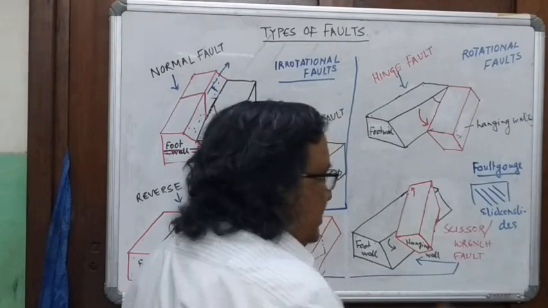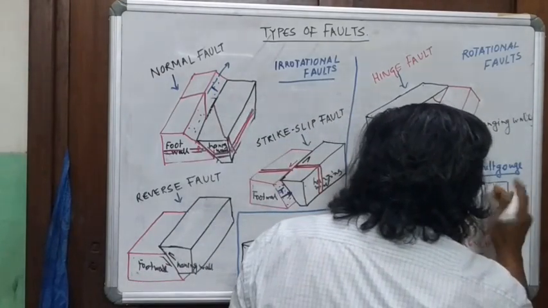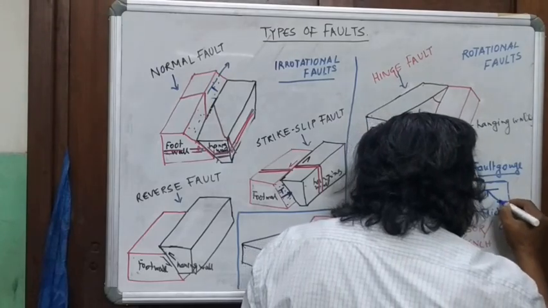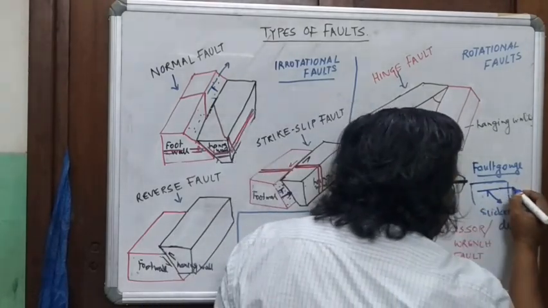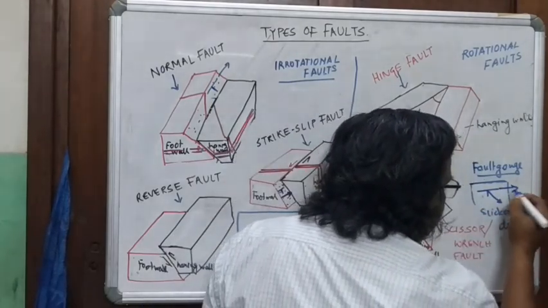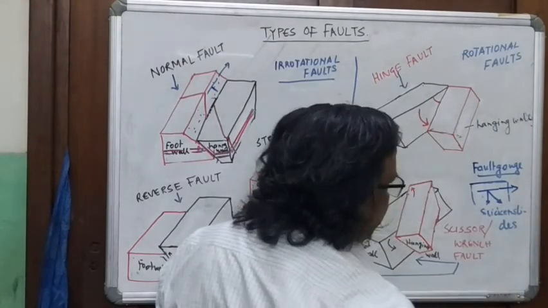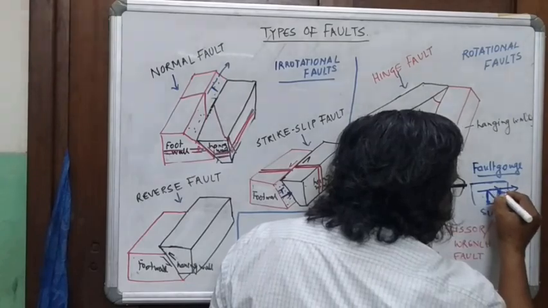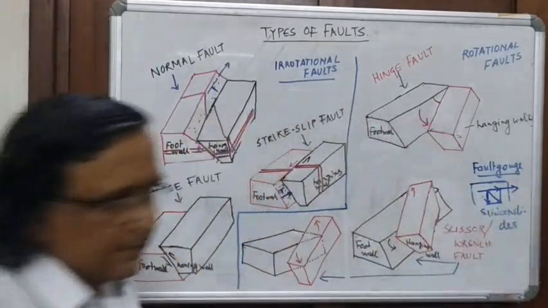So say for example, if this is the fault plane and this is the strike and this is the dip, and the movement is like this, then obviously this is the direction of the strike slip, this is the direction of the dip. So you can draw a parallelogram of forces. This will be the net slip component, this will be the dip slip component.